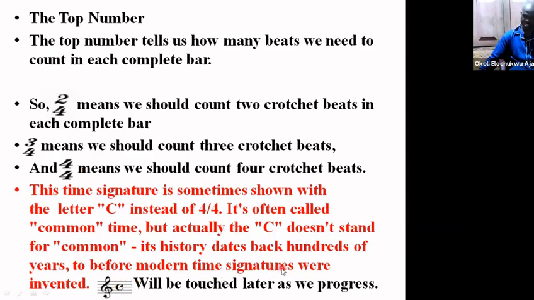Just have it at the back of your mind that whenever you see this time signature represented by a C, it is the same thing as 4/4. Before now, this was not what it meant. It meant much more than common time. But we will be touching that later on as we progress.